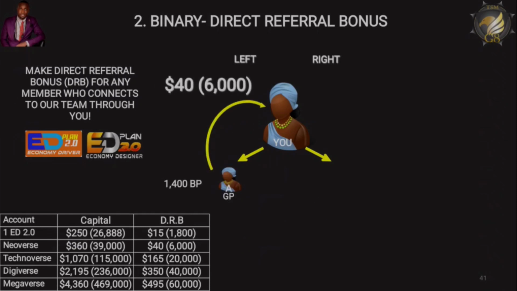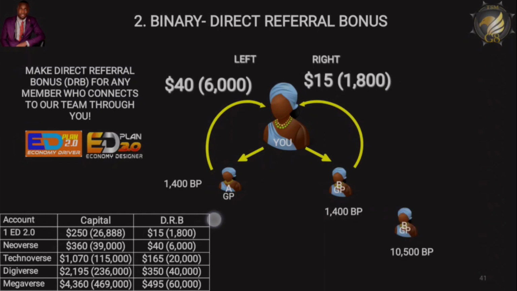So the second way of income generation is called DRB under binary. You get that the moment you connect somebody with a Neoverse package, you make 40 US dollars as direct referral bonus. If you connect a second friend with 1 account of ED 2.0 package, you earn 15 US dollars as your direct referral bonus.